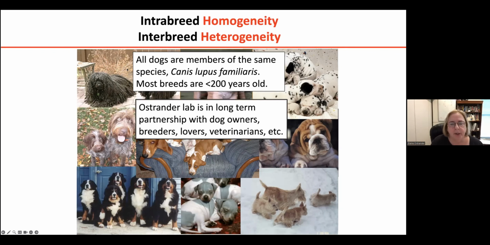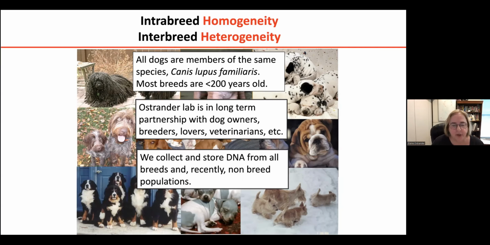Just a couple reminders: all dogs are members of the same species, Canis lupus familiaris, despite all that breed variation. What you may not know, though, is that most breeds are very recent. Most have only been around for about 200 years, and that offers us tremendous advantages in studying the susceptibility of any trait.